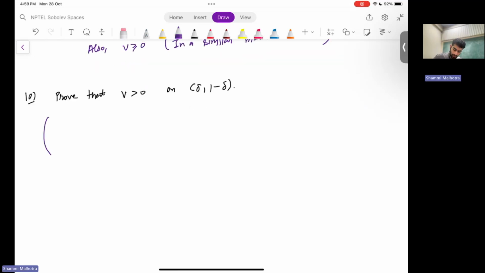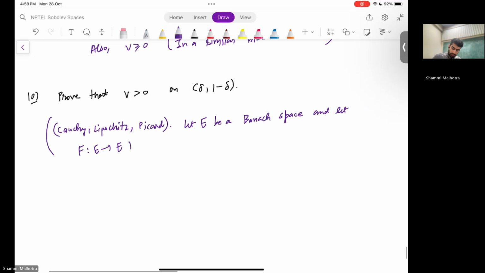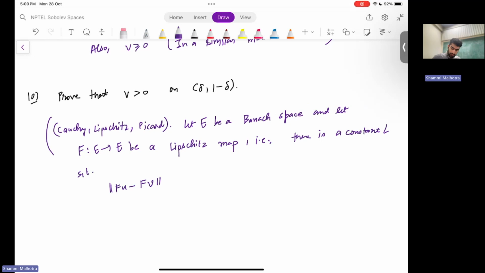Let me mention this is known as the Cauchy-Lipschitz and Picard theorem. Let E be a Banach space, and let F from E to E be a Lipschitz map, that is, there is a constant L such that the norm of Fu minus Fv is less than or equal to L times the norm of u minus v for all u and v in E.